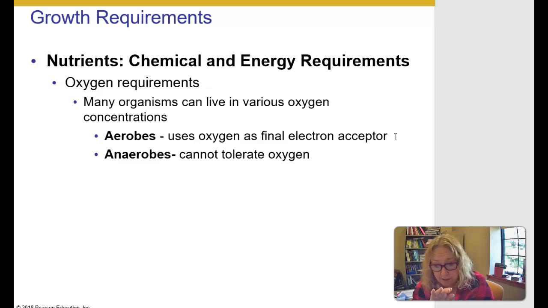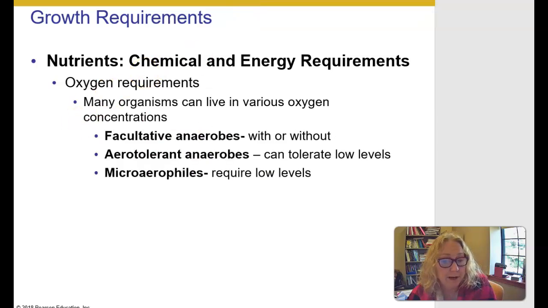Anaerobes cannot tolerate oxygen at all. No oxygen at all. They can't have it. Okay, now we're going to talk about facultative. Facultative is like with or without. I like it, I can do both. Some of the bacteria would really prefer to live in an oxygen environment, but can live without it, or with small amounts.